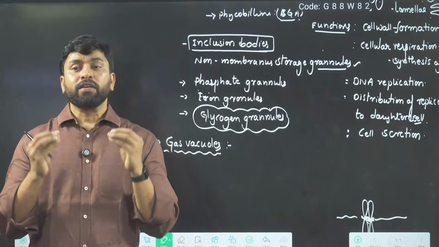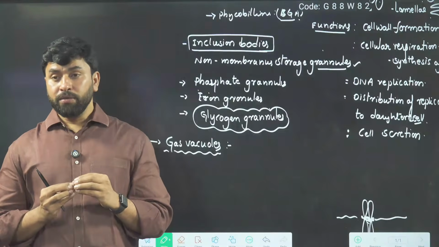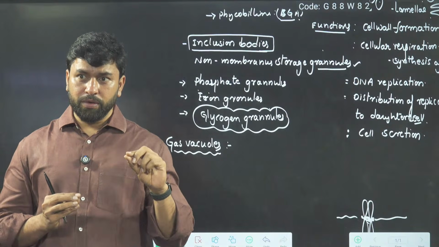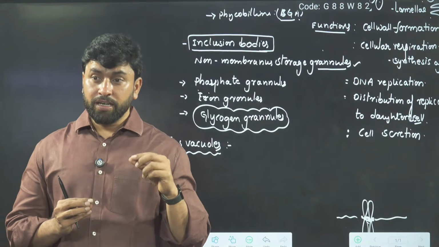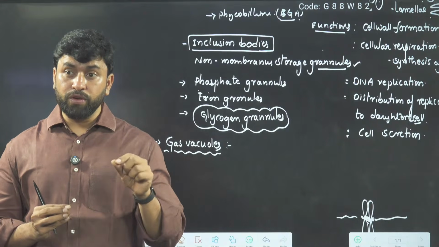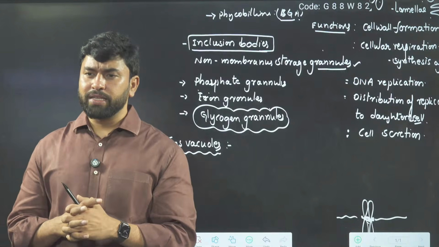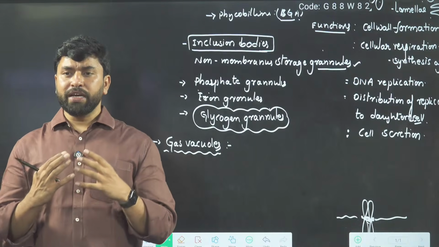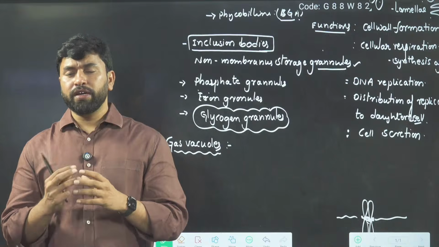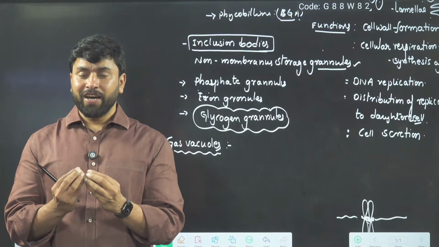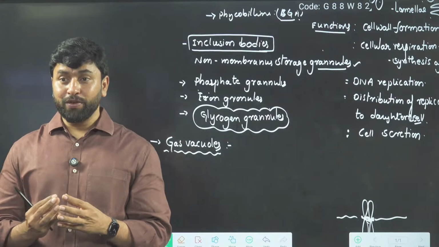In case of amoeba you have to remember contractile vacuole and also food vacuole. If amoeba or any other protozoan has performed phagocytosis, that food stored in the form of a vacuole, that vacuole is known as food vacuole.